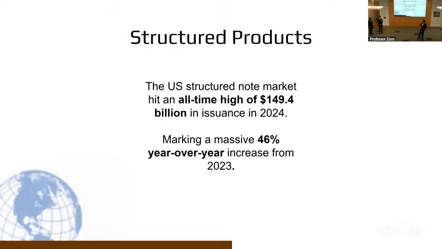Coming to the discussion of structured products as a whole, they hit an all-time high in 2024 of $149.4 billion. This is a 46% year-over-year increase from 2023. So they're an emerging market, and the motivation is investors looking for more customizable, and often safer, ways to enter the market.